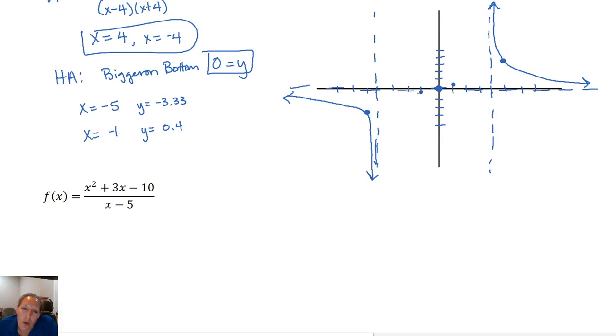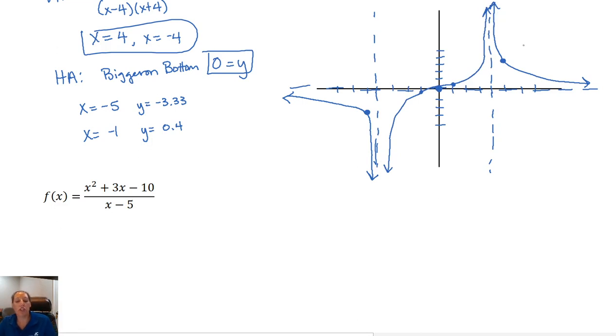And so we know it can't come back across the x-axis and go up, so it's got to go down from that point, and then it's going to cross the x-axis, and we're going to get that mirror image and go up as we get close to a positive 4.